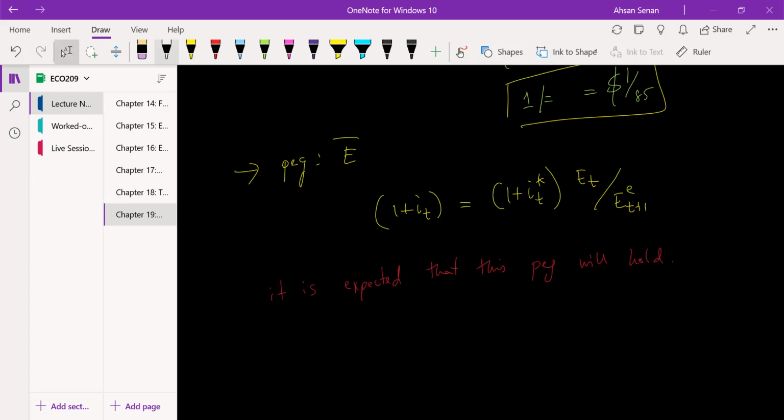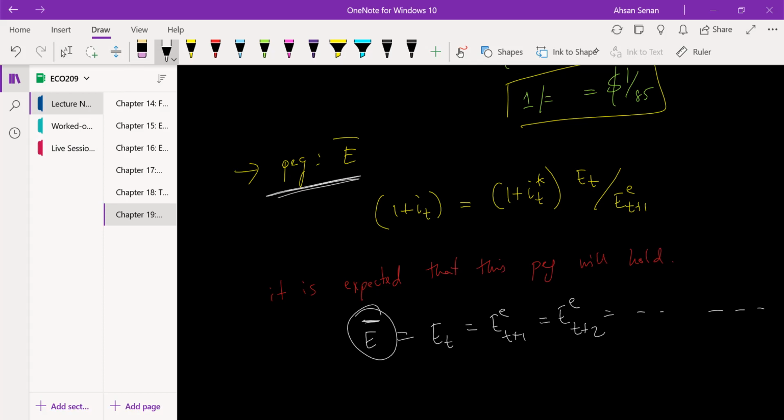As a result, what we have now is that the exchange rate in this period, the exchange rate in the next period, and the exchange rate in the period after that, and so on, are all equal to the peg. This is what the government is effectively telling us: the exchange rate will no longer fluctuate.